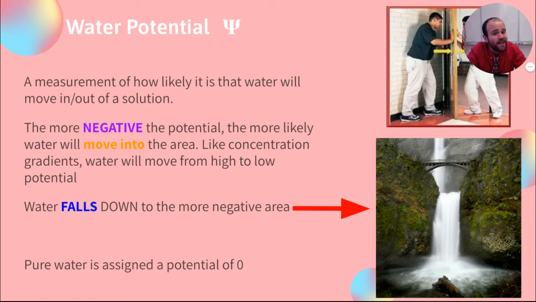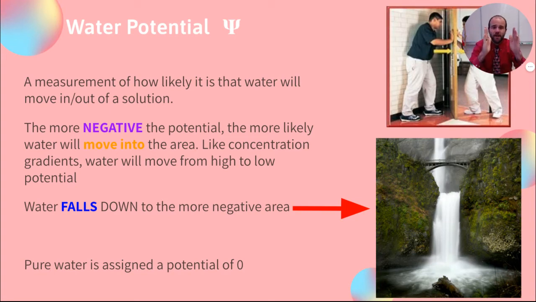Well, whichever side has more pressure being pushed onto it, it's going to push in the opposite direction. So if you have less pressure on one side of the door, a negative pressure, it's going to move towards you. So the more negative the water potential, the more likely water will move into that area.